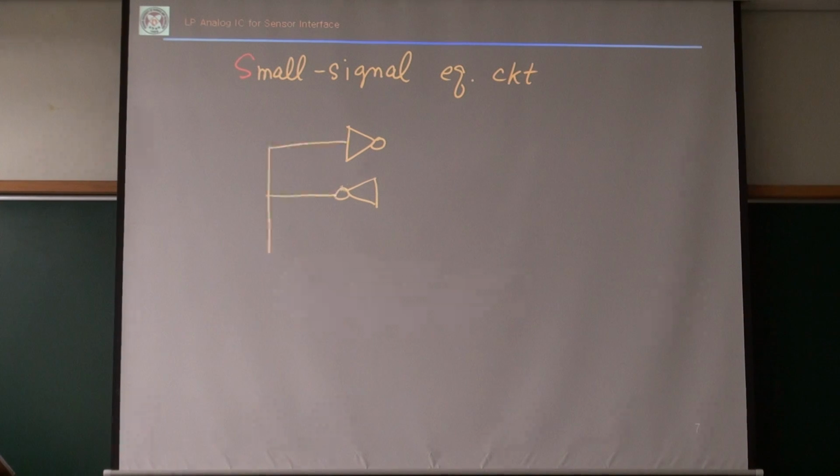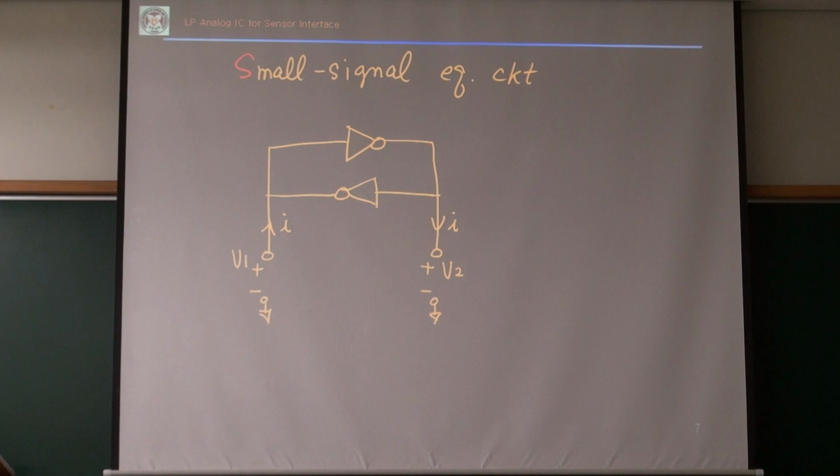I have a cross-coupled inverter. What is the impedance between these two nodes? This is V1, and this is V2, and we have some small signal current flowing in and flowing out, the same current. This voltage is V1 to ground, and this is V2 to ground.